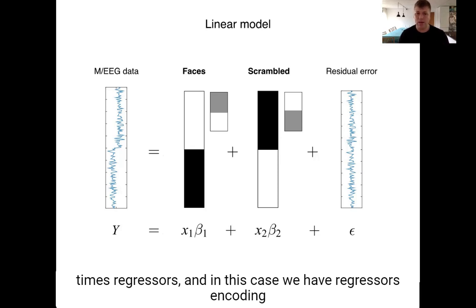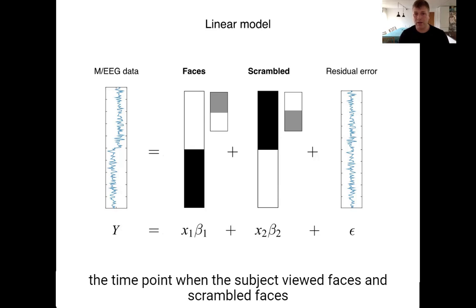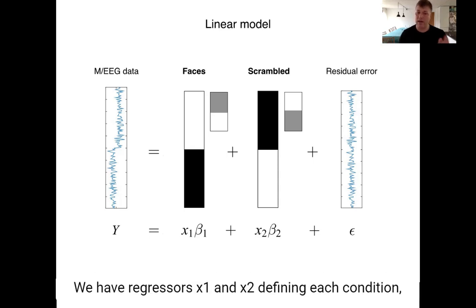In this case, we would have regressors encoding the time points when the subject viewed faces and scrambled faces. So we would have regressors X1 and X2 defining each condition.